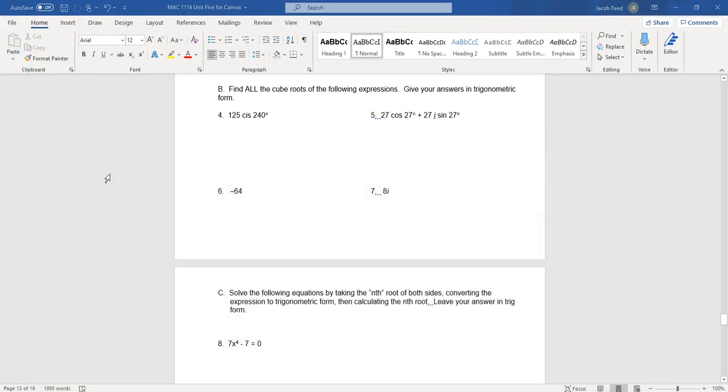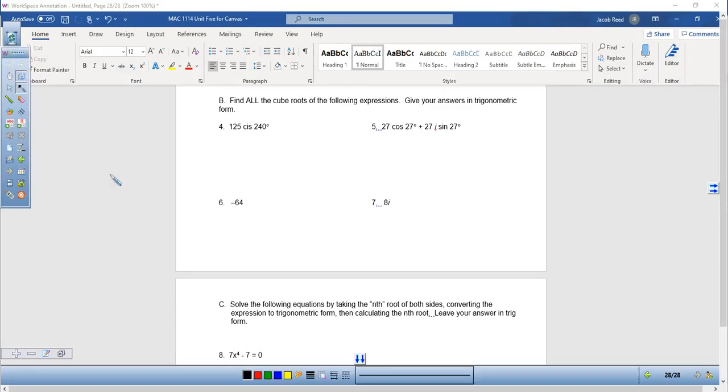Okay. Looking at, let me do number 6. That way you can do the you-try on 5 and 7. That way you get one like this one and one like this one. Alright, first I've got to get it in polar form. So we know x is negative 64, y is 0, r is 64, and I need to know theta.